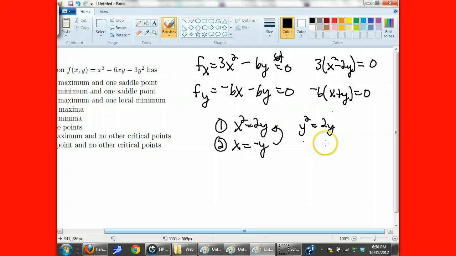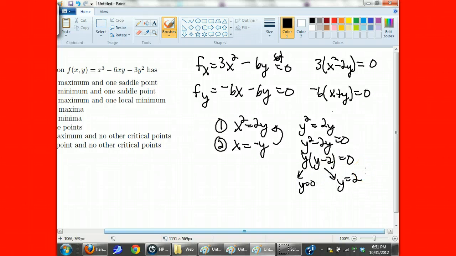It gives us two values for y. It tells us that either y is 0 or y is 2. I do it this way so we don't forget the y is 0 option. If I had just divided, there's an easy way to miss something there. Anyway, y is 2, y is 0.